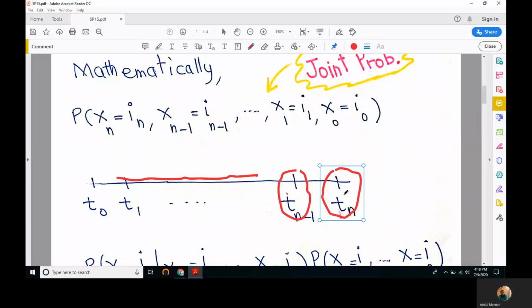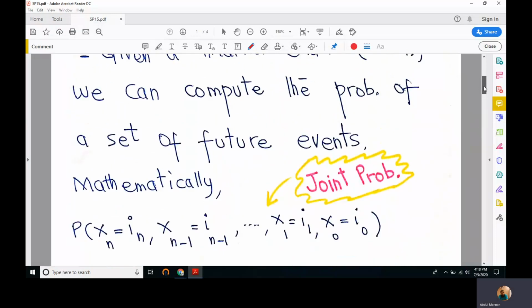So the present is dependent on recent past only, right?